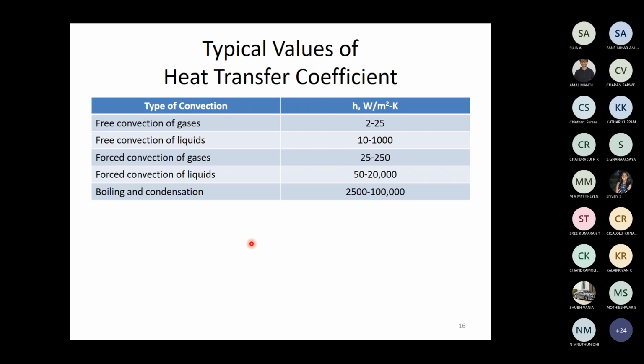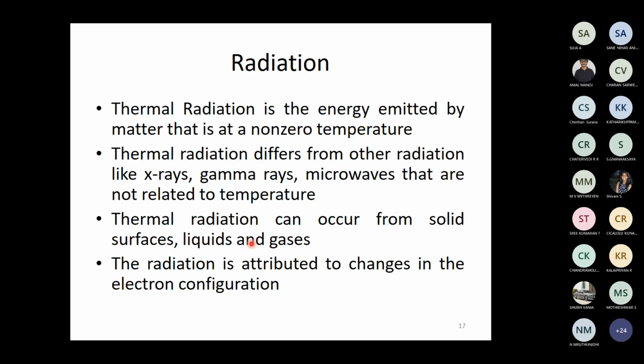The coolant has to be recirculated, so to cool it down to the initial temperature, we pass it through the radiator. Here also air cooling of the engine is not sufficient, so we have to use a liquid having a good thermal conductivity so that it can carry away the heat effectively. These are the typical values, and that's about convection.